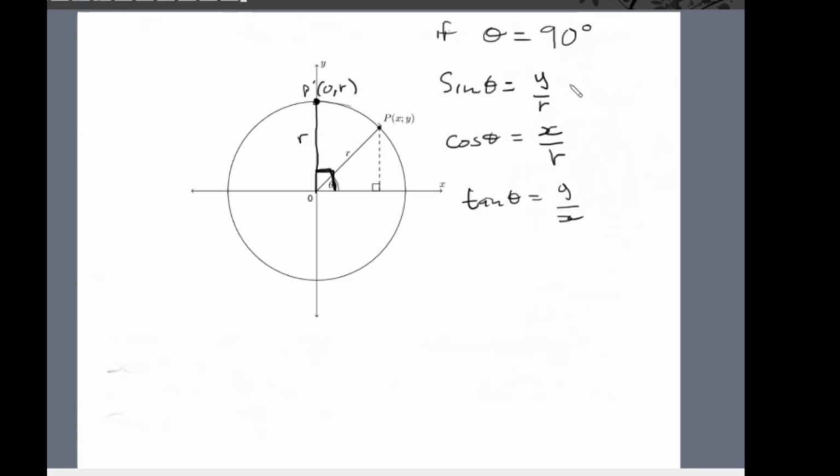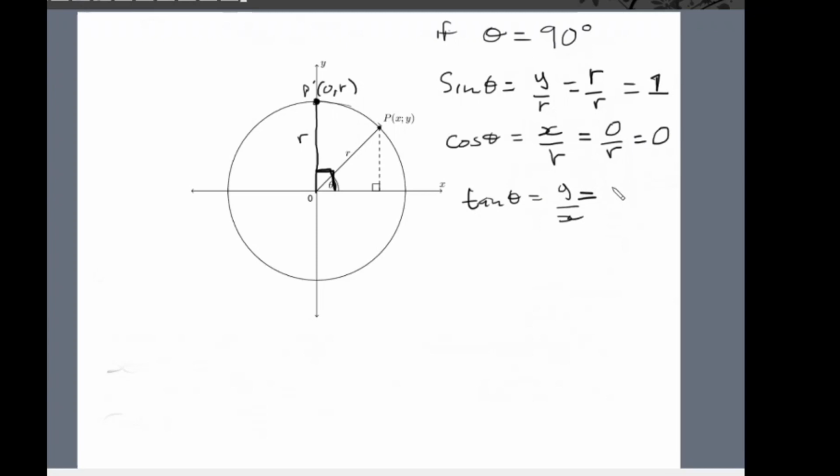Right, so y is r, and r is still r. So sine theta, when theta is 90 degrees, will be 1. So sine of 90 degrees is 1. Cos theta, now x is 0, so cos theta, when theta is 90, will be 0.